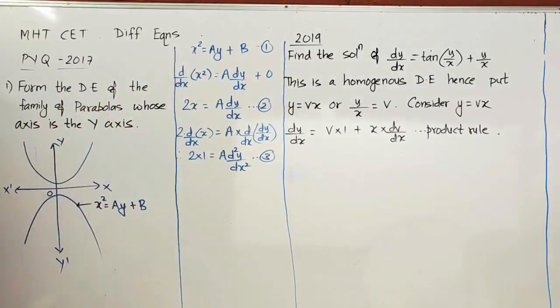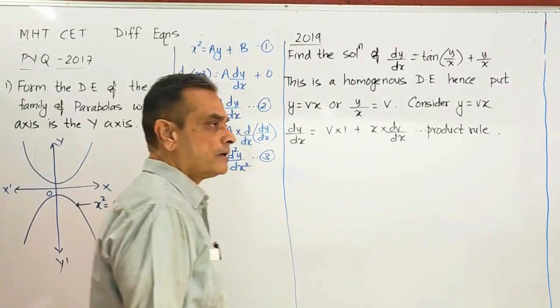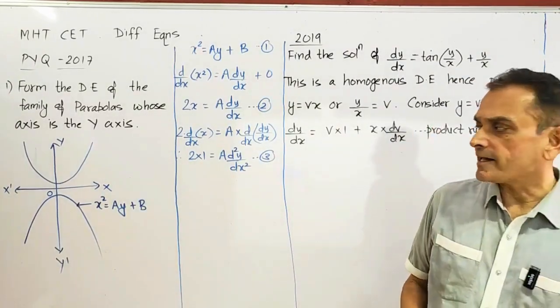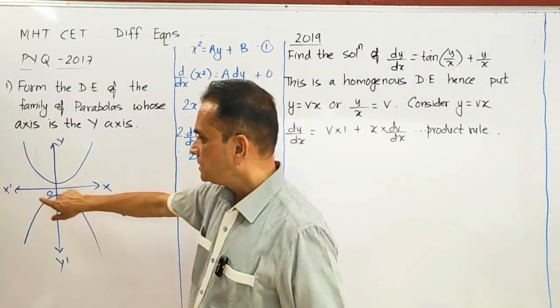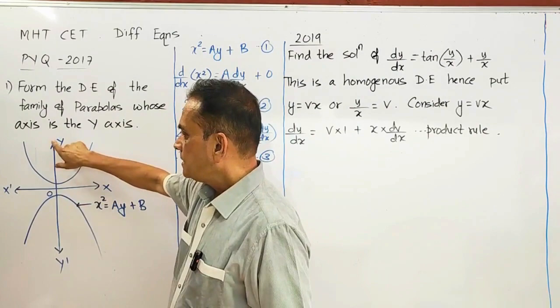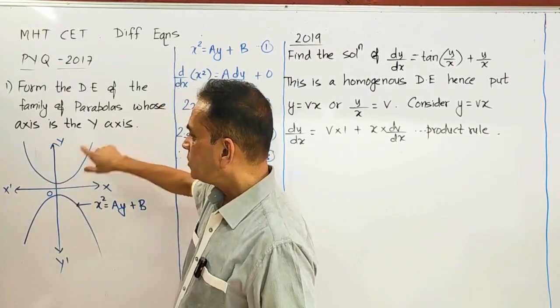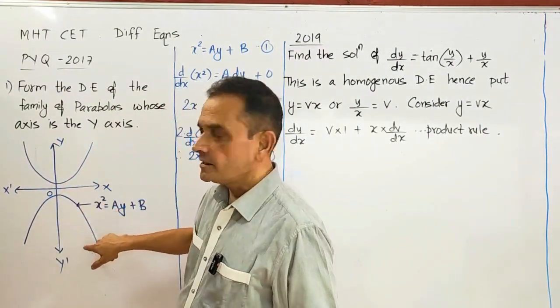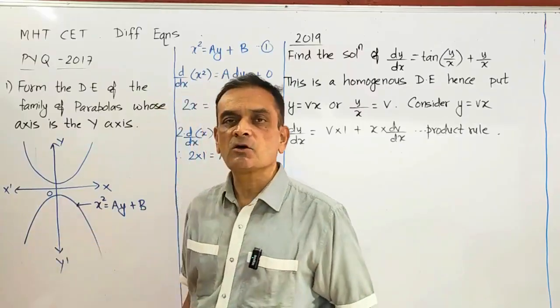Form the differential equation of the family of parabolas whose axis is the y-axis. I have just drawn the diagram for reference. This is the x-axis. If the parabola is symmetrical about the y-axis, then the y-axis is called the axis of the parabola.